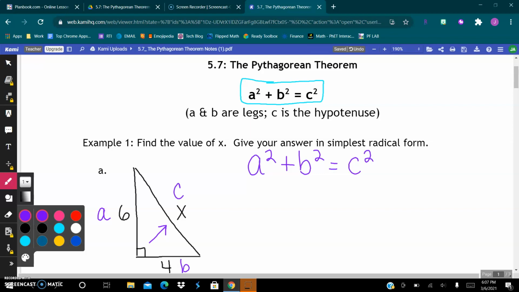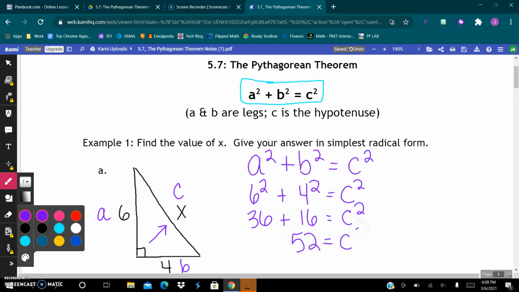The only one that really matters is the C. So if I plug in the numbers, we have 6 squared and 4 squared and C squared. So 6 squared is 36, 4 squared is 16, and then C squared. And then if I add those two together, I get 52, equals c squared.